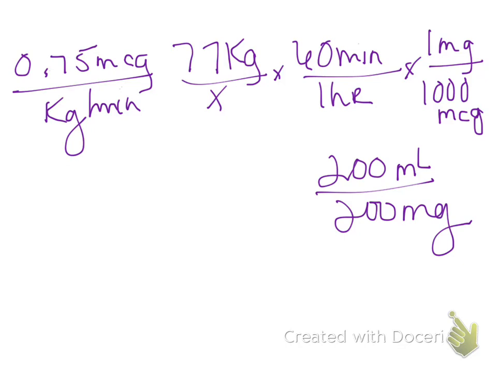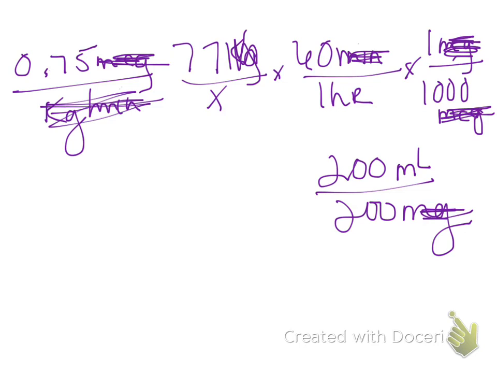I knew I had to do the micrograms, so that would go down here. So I'm crossing out my micrograms. And then I'm going to cross out my milligrams here, and cross out my kilograms and my minutes right here.